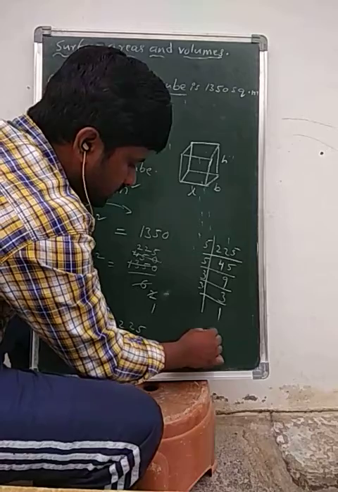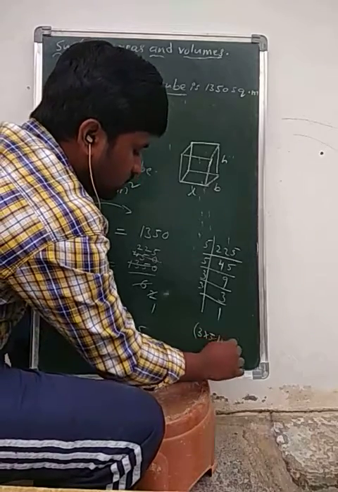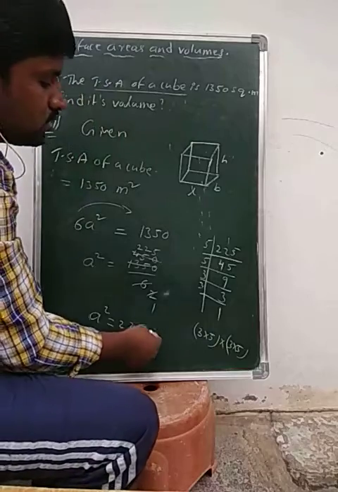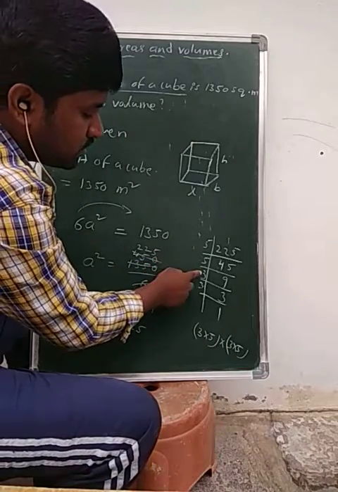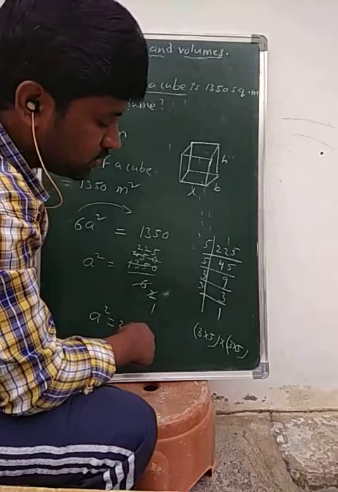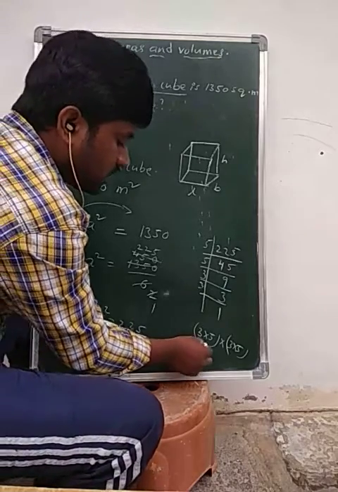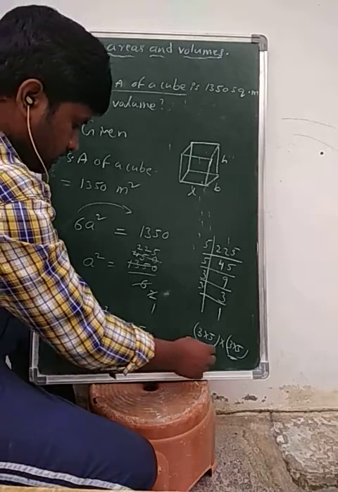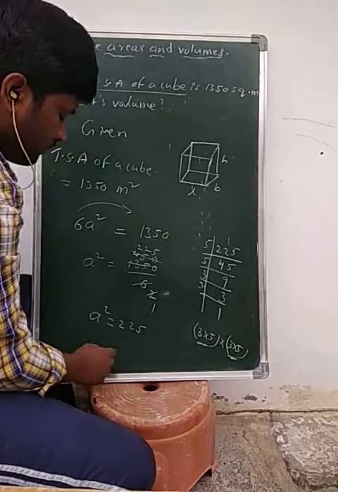Means we can write it as 3 into 5 into 3 into 5. Okay na? Because 5 repeats 2 times and 3 repeats also 2 times, we can write it as 3 into 5, 3 into 5. Means that is 15 into 15 we will get.